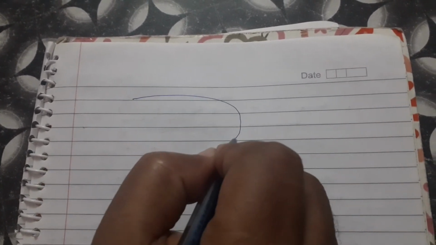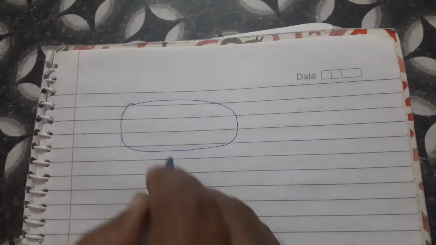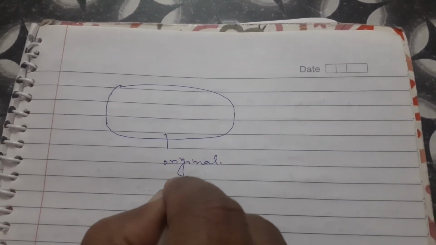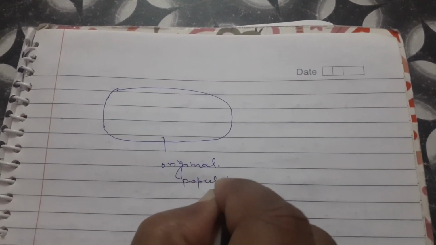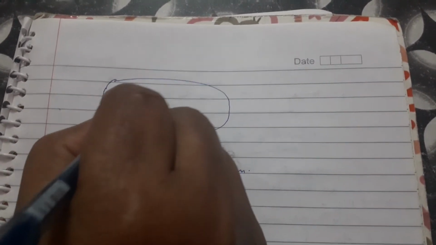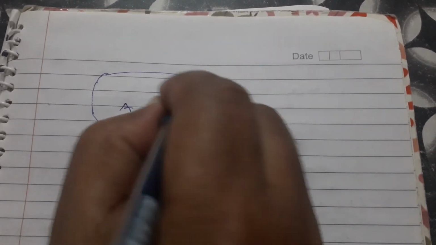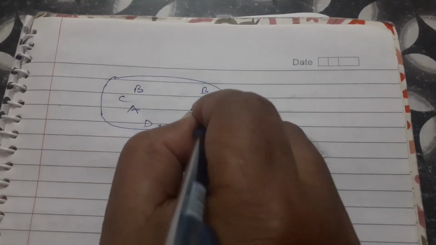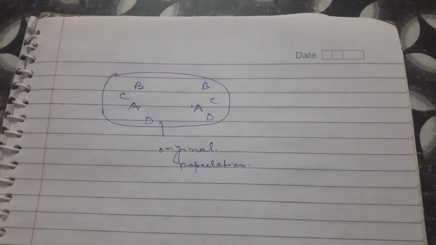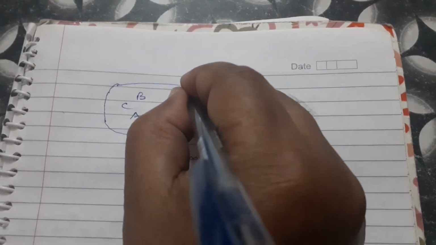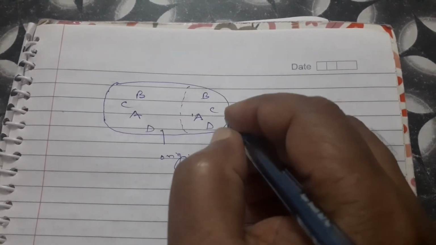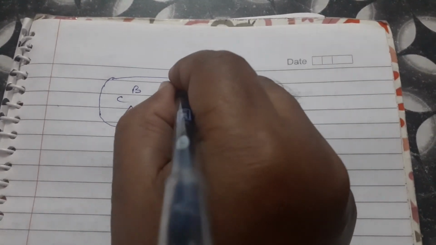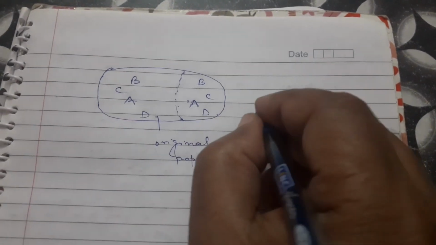Suppose this is the original population of species A, B, B, C, C, D, and D. Due to some reason, this portion is separated like this.